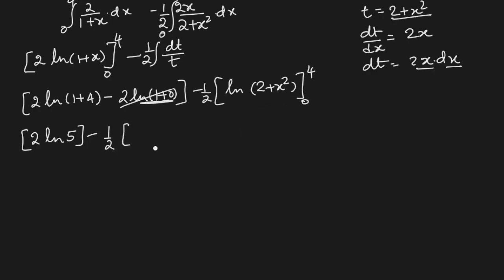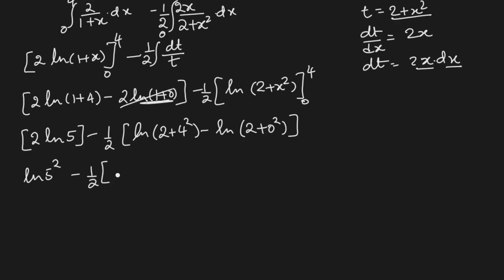And let's substitute 4 and 0 here as well. ln, I'm ignoring plus c because it gets cancelled out, of 2 plus 4 squared, minus ln of 2 plus 0 squared. So I can write this one as ln 5 squared minus half, ln 18, yeah, 2 plus 16 is 18, minus ln 2.